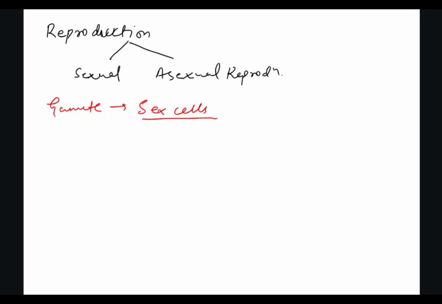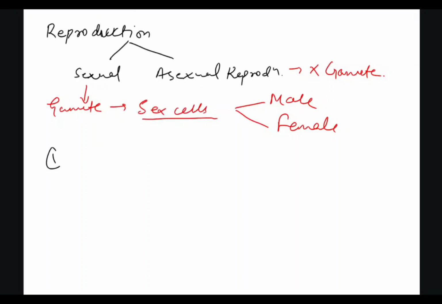Now, sex cells are of two types. One would be male and another would be female, because without male and female there will be no sexual reproduction. So sexual reproduction requires gametes. Asexual reproduction does not require any gamete. That is the baseline of it. Now, asexual reproduction we will discuss first.